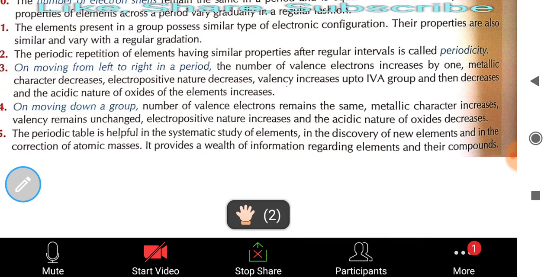Now let's discuss some questions. Whenever you have to solve any question, just solve it, because the answers are given in your book also. You have to do at least 30 to 50 short answers in your notebooks.